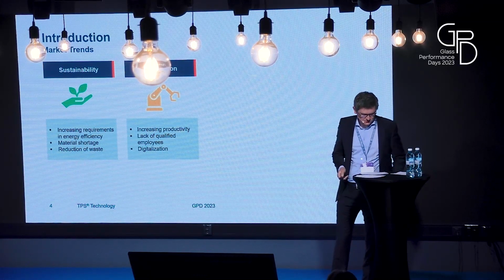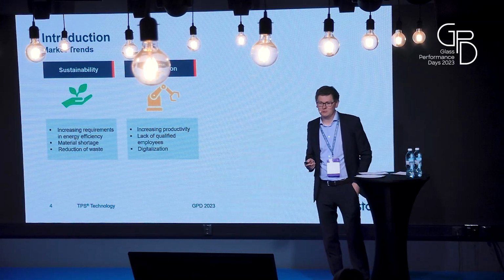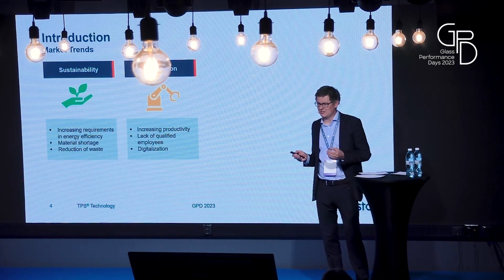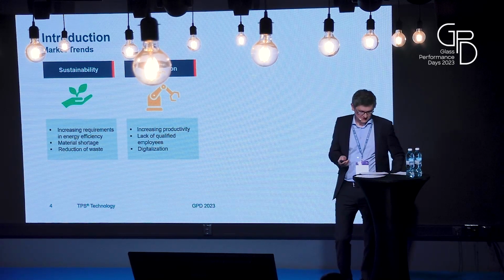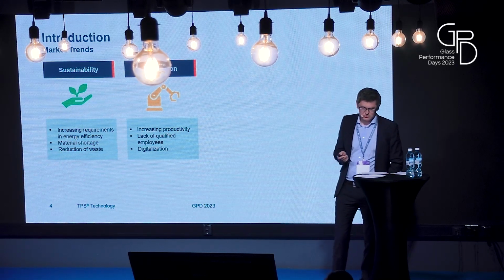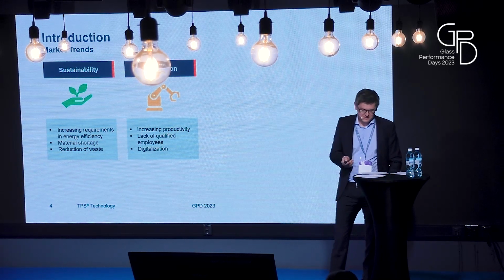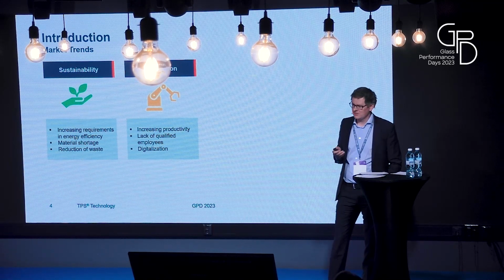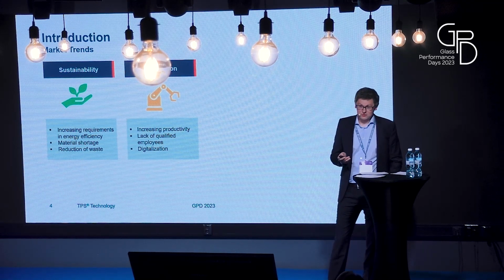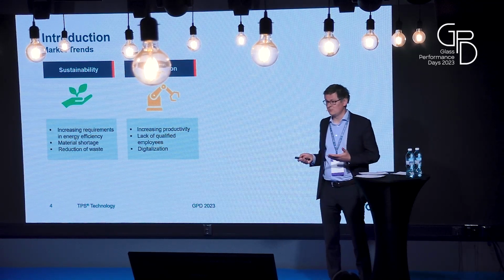The second trend concerns automation. As a machine builder, we can clearly see this trend and what the reasons for it are. At first, there is the striving for increasing productivity. For every company, it's a key to increase productivity, to grow, or just to be competitive on an international market.